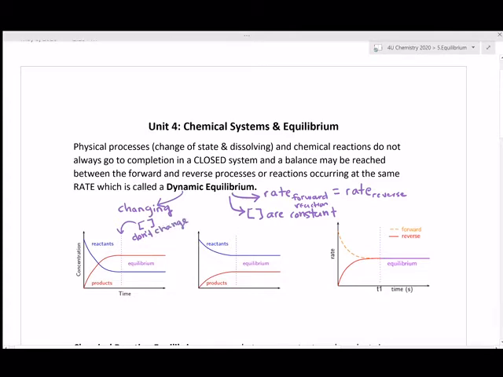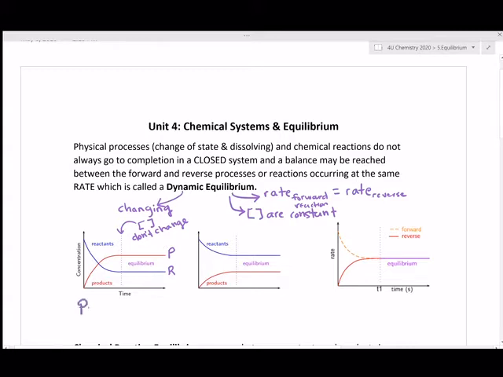So we can see in both of these graphs that there becomes a point when we're at equilibrium. Now, the difference between these two graphs is in the first one, reactants are being used up, products are being produced, but when all is said and done, there is a greater concentration of products compared to reactants.